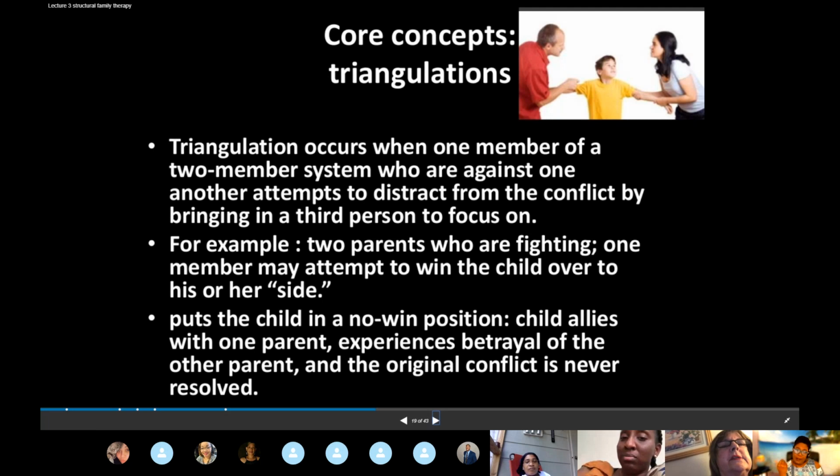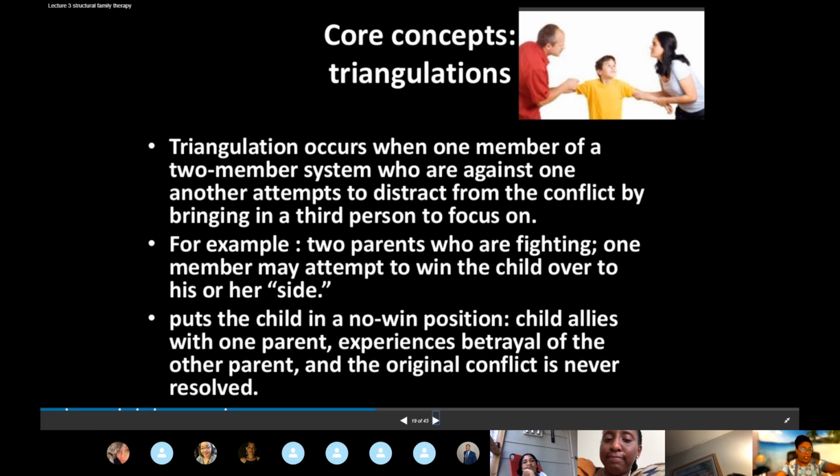So I think it's when there are 2 people in a family that aren't getting along, so they bring in a third person, and then they have that other person who sides with one or the other. So that definitely can happen, and that's a great definition. So sometimes they don't even side with one or the other.